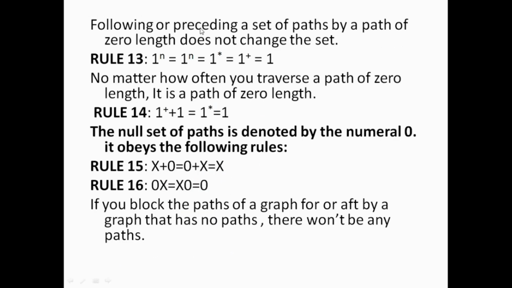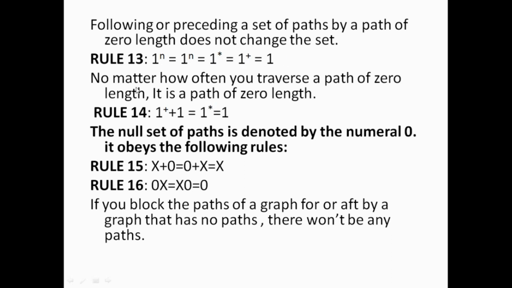Next, the following rules concern sets of paths with a path of 0 length, which does not change the set. Rule 13: 1 to the power of n equals 1 star equals 1. All of these are the same thing. Applying 1 with a set of 1s equals 1 only.